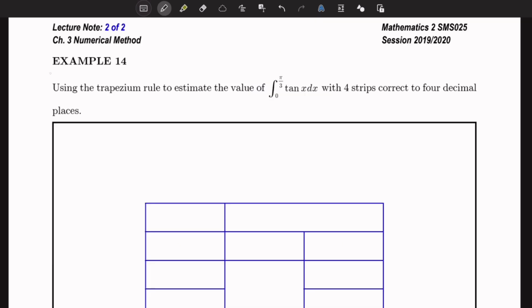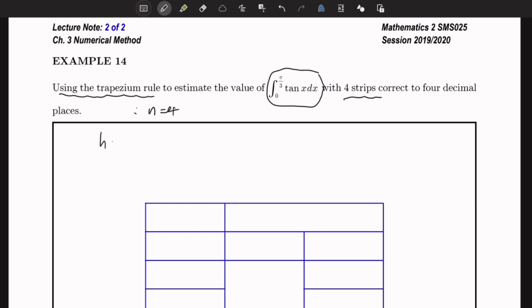Right, example 14. This is the last example for chapter 3. Using the trapezium rule to estimate the value of the integral of tan x dx from 0 to pi over 3 with 4 strips, correct to 4 decimal places. So 4 strips, n equals 4.